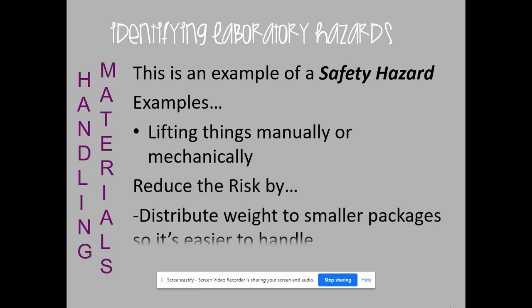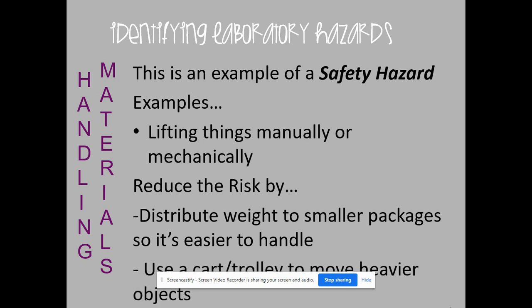Okay, and how are we going to reduce the risk? Well, let's redistribute the weight to smaller packages so it's easier to handle, if you can. Okay, use a cart or trolley.